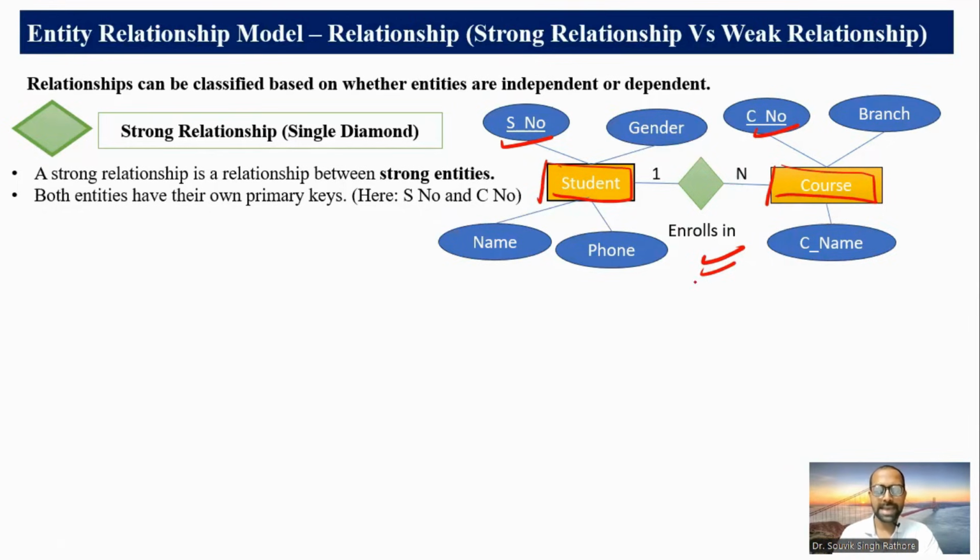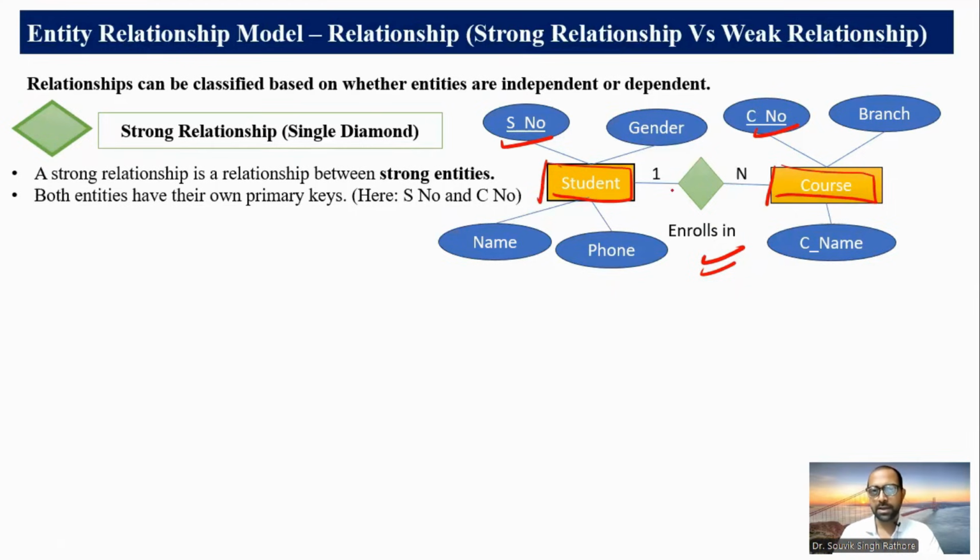So a student can enroll in a course, but the existence of a course does not depend on the existence of a particular student. Similarly, the student does not cease to exist just because they are not enrolled in any particular course. Therefore, this is an example of a strong relationship between strong entities.